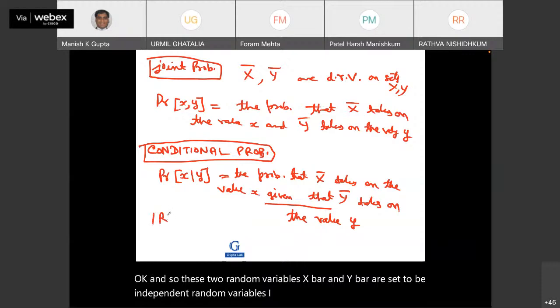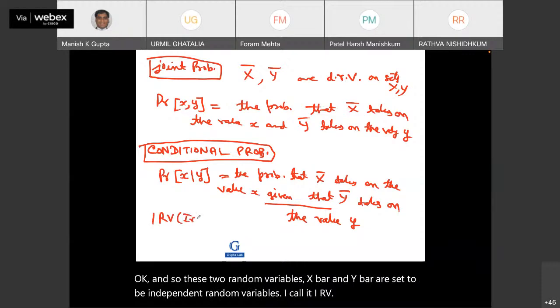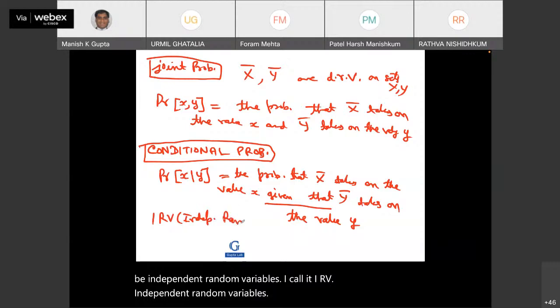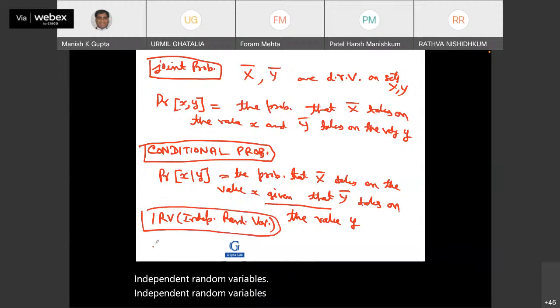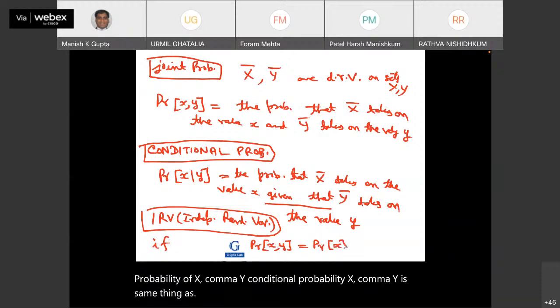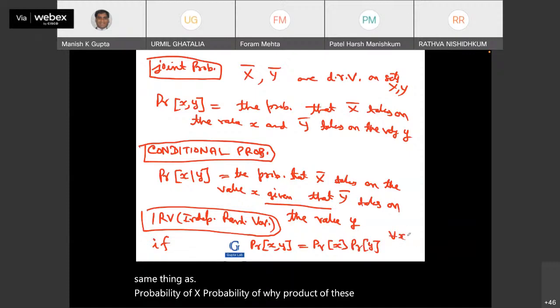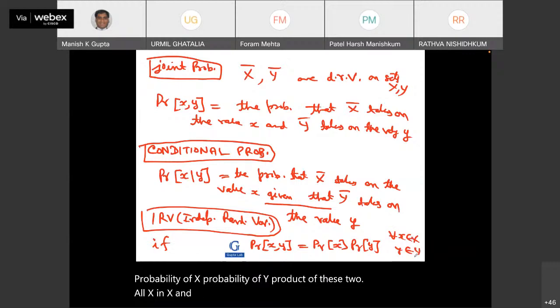I call it IRV, independent random variables, if we have the probability of x comma y is the same thing as the probability of x times the probability of y, the product of these two, for all x in X and y in Y. So for independent random variables, this is the case.